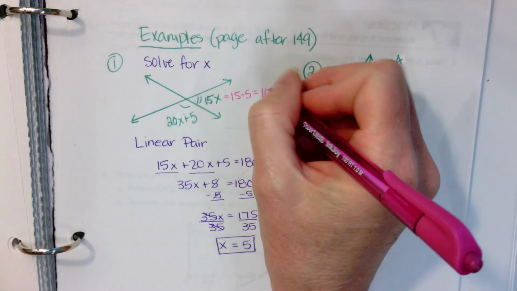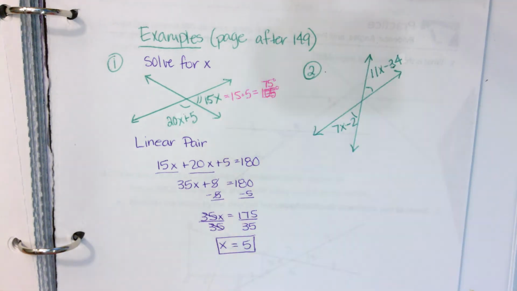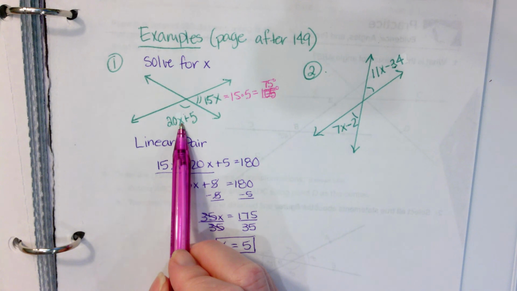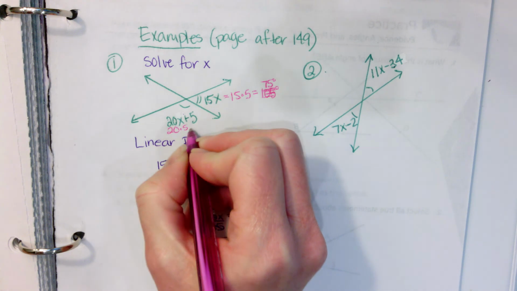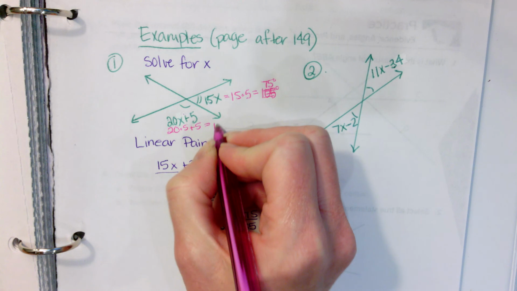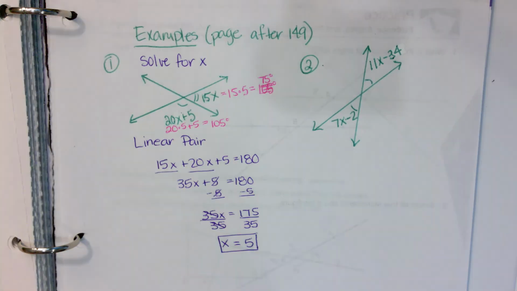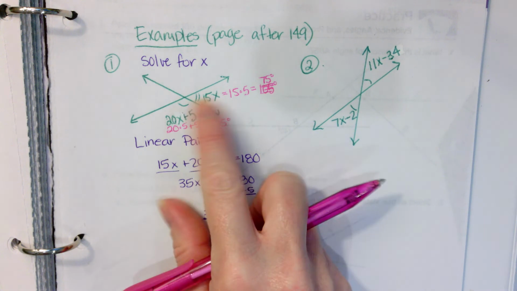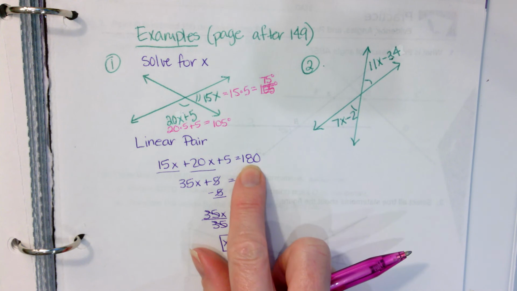I was thinking of my other one in my head. 75 degrees, thank you. And then if I substitute 5 in for my other angle, I'd have 20 times 5 plus 5. And that would be my 100 plus 5. That's my other 105 degrees. These two answers make sense because if this angle is 105 and this angle is 75, then they do indeed add up to 180 degrees.